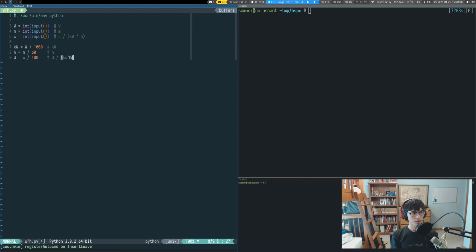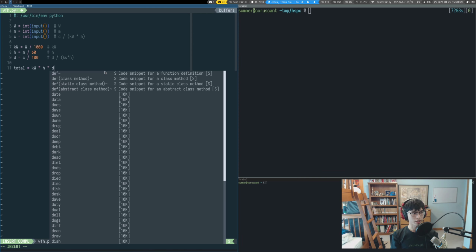Okay, so now to get dollars, if we multiply all these 3 numbers together, the kilowatts will cancel, the hours will cancel, and we will be left with dollars. Okay, so total equals kilowatts times hours times dollars per kilowatt hour.